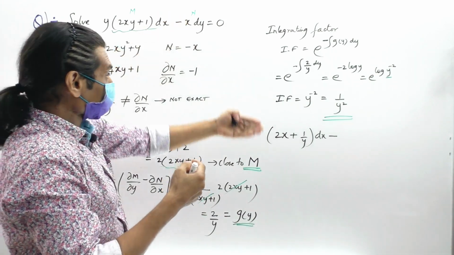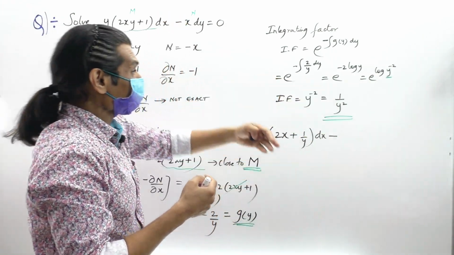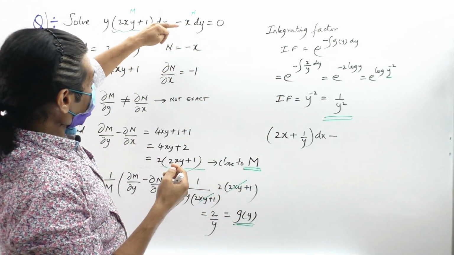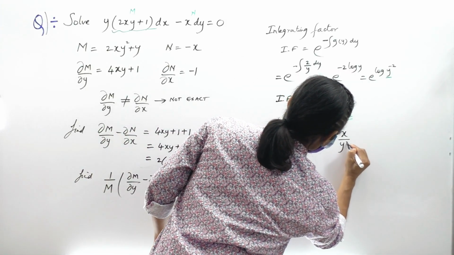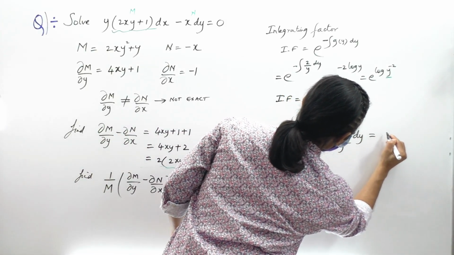We are multiplying by 1 by y square, so this will be x by y square dy is equal to 0.